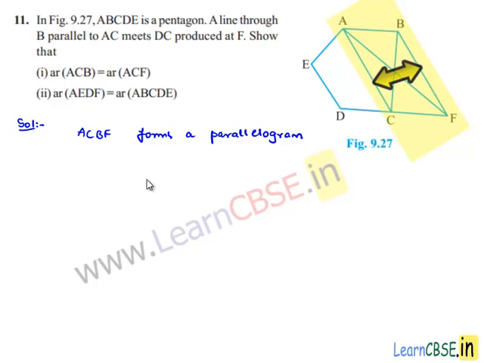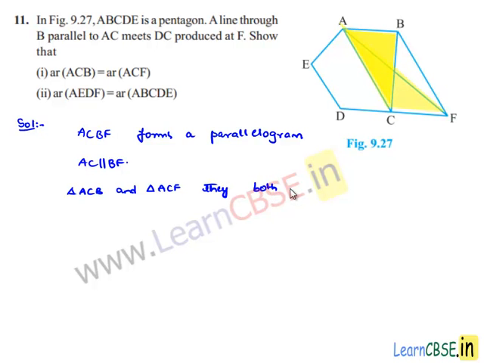So now as AC is parallel to BF, if we consider the two triangles, triangle ACB and triangle ACF, they both lie about the common base AC and in between two common parallels AC and BF.